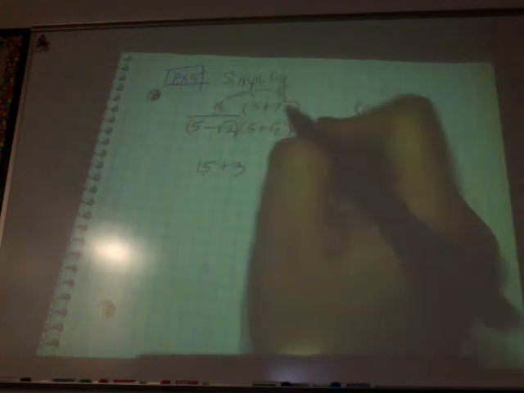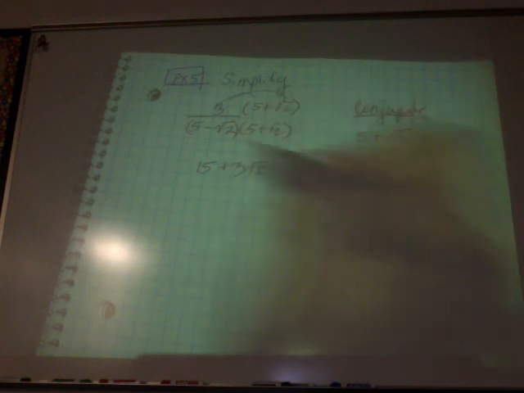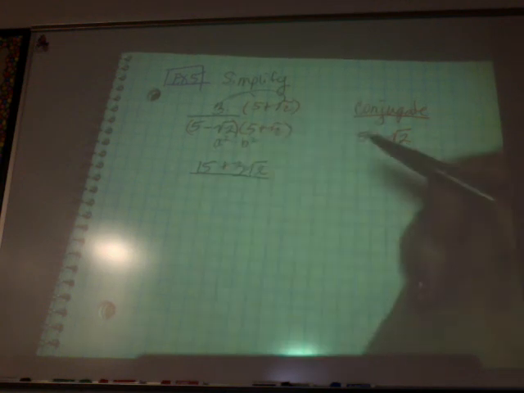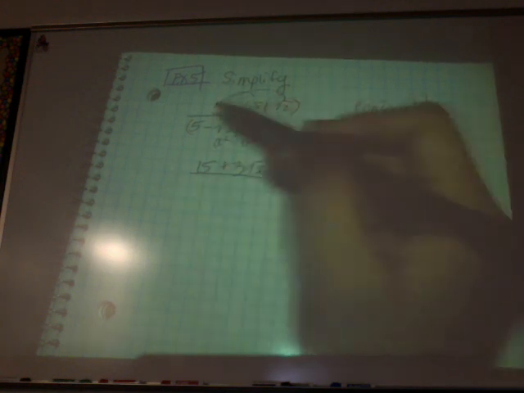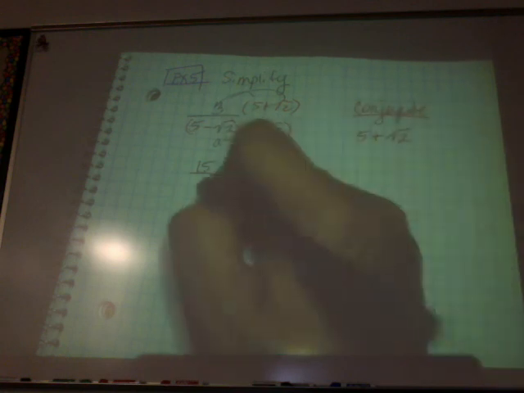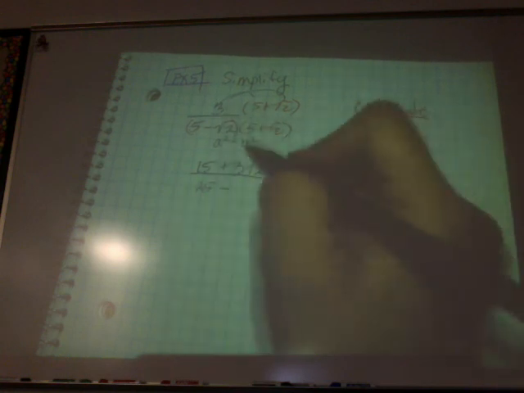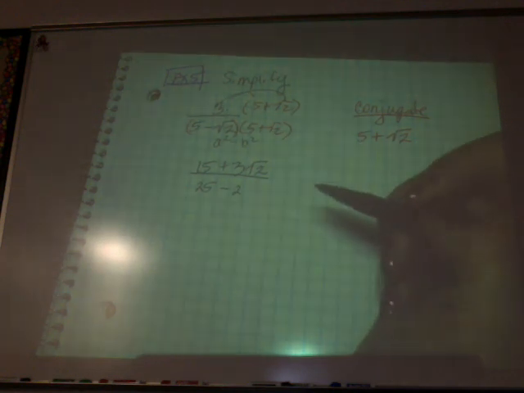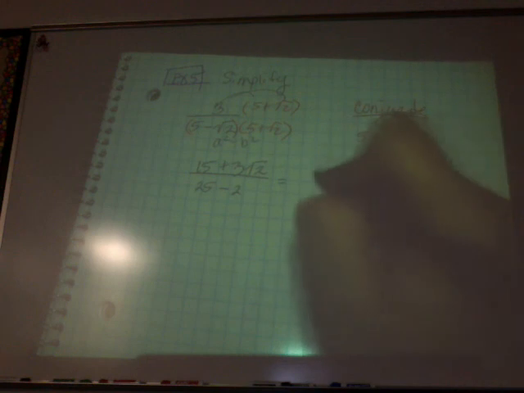There's no radical here, so I just tack on rad 2 over. Then use your a squared minus b squared factor pattern, or you can FOIL if you want to, but we're going to do 5 squared, which is 25, minus radical 2 squared, which you said was 2. If you want to FOIL, go right ahead, but it just takes longer. And so we end up with 15 plus 3 radical 2 all over 23.